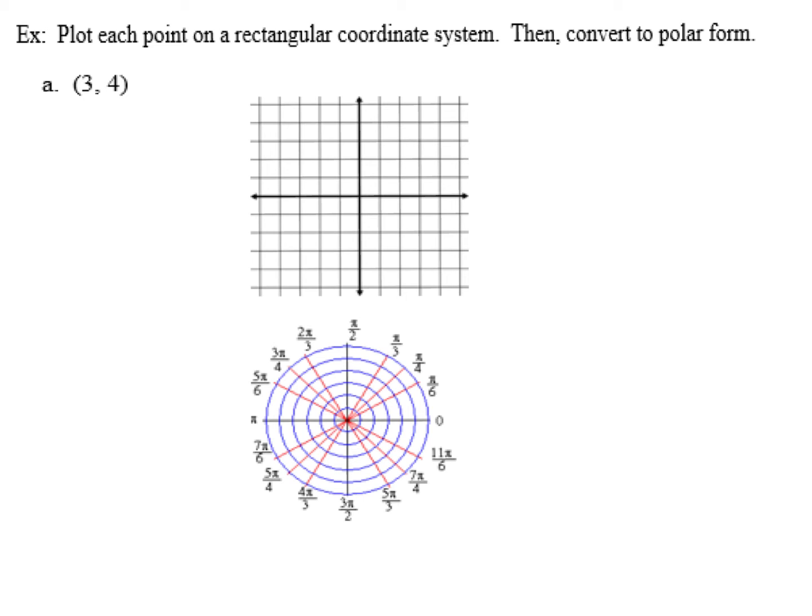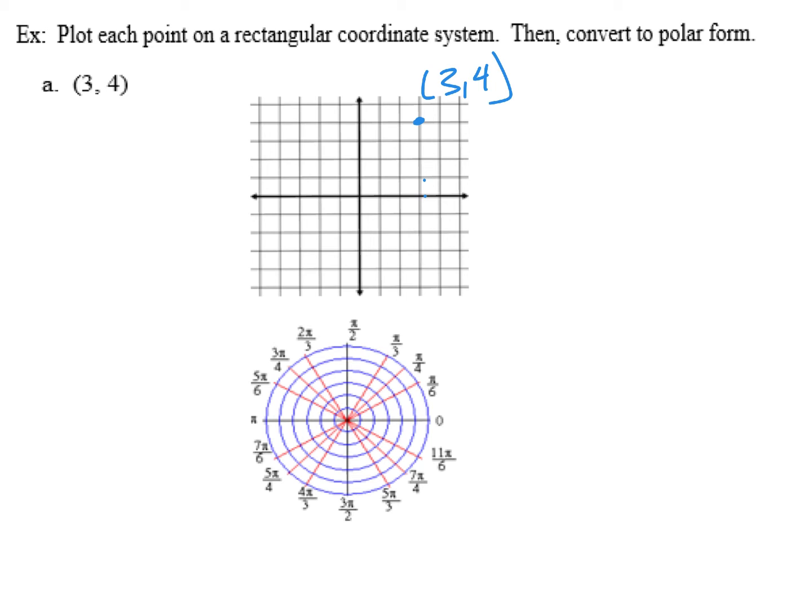All right, so I'm going to start by plotting this point in rectangular coordinates. 3 over, 4 up. That is where we are. My goal is to take that point and write it in polar coordinates.